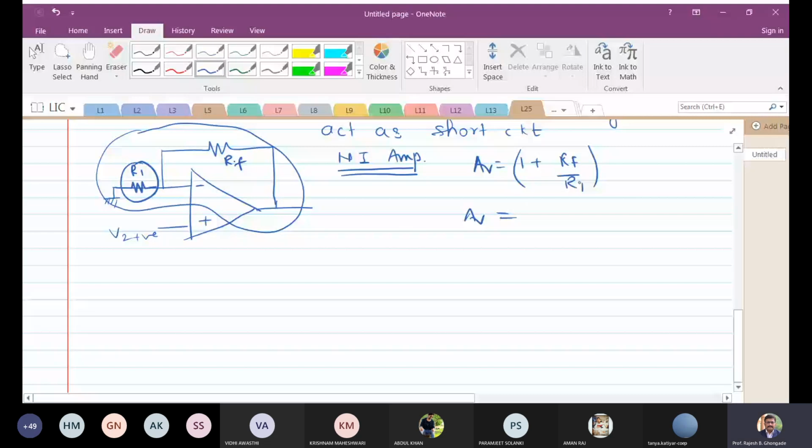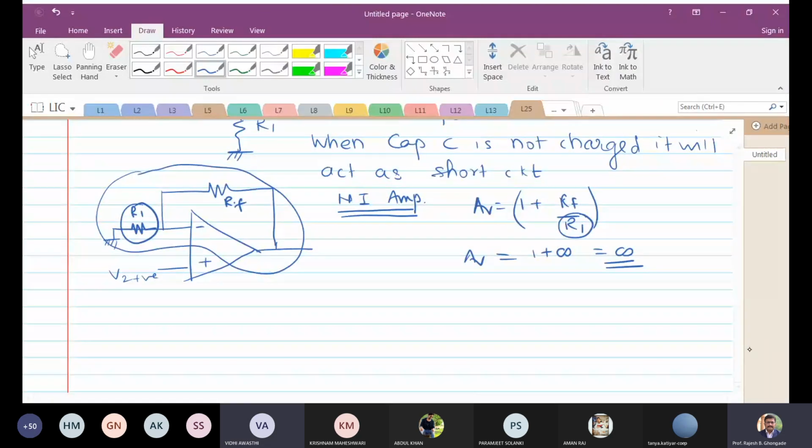Very large, infinity, infinite gain. It is as if the operational amplifier will act as an open loop amplifier. If the gain is infinite, very large, what will happen?